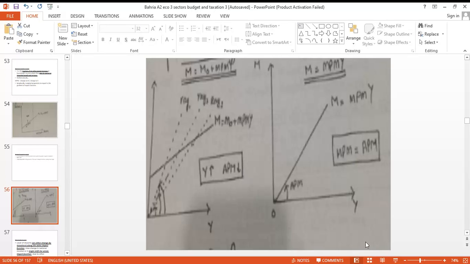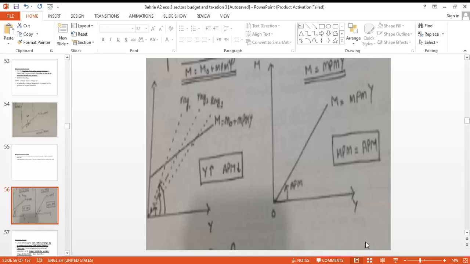When you work out the gradient of the rays, ray 1, ray 2, ray 3, this gradient gives you the average propensity to import. And when you work out the gradient of the import function itself, the solid line, that gradient is the marginal propensity to import.